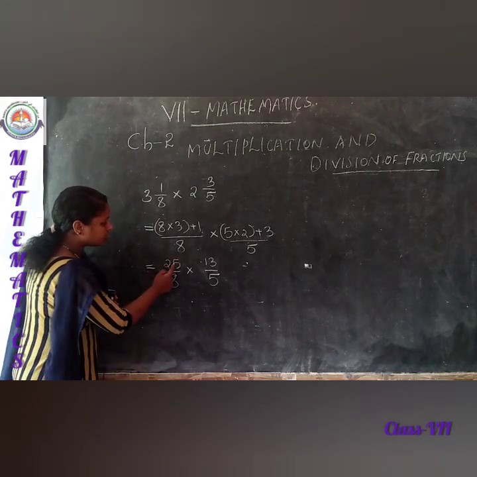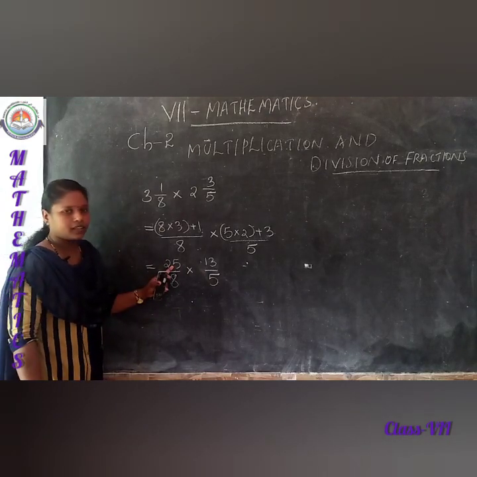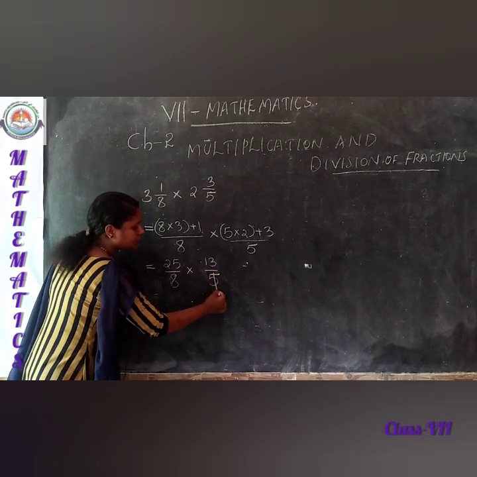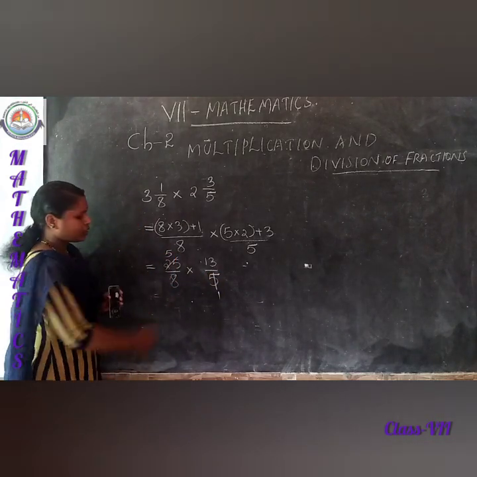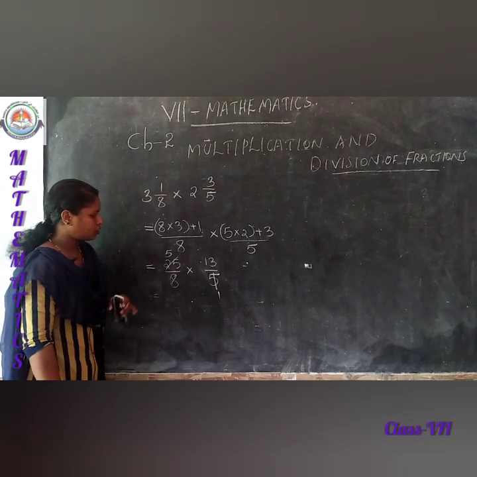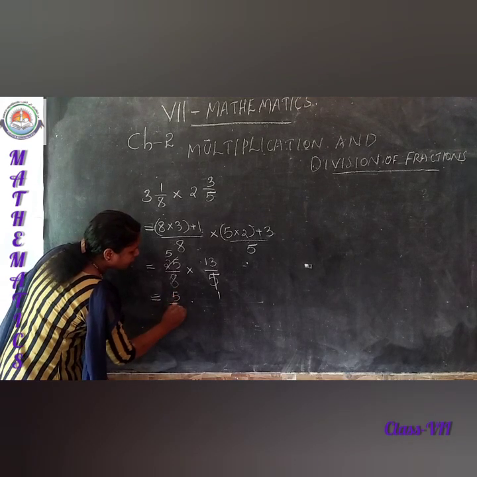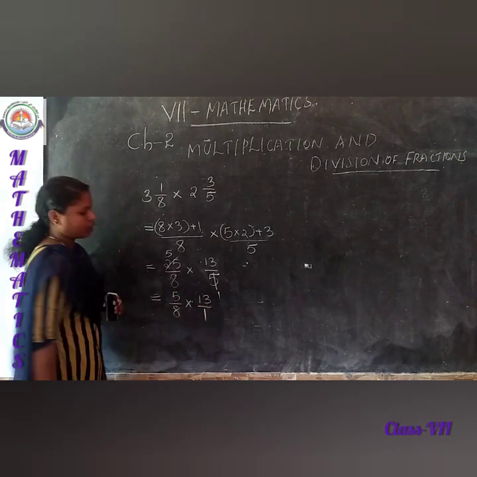No. Next we can check 25 and 5. So 25 is a multiple of 5. How many 5s are there in 25? 5. Okay, 8 and 13, there is no common factor. So now it becomes 5 by 8 into 13 by 1.